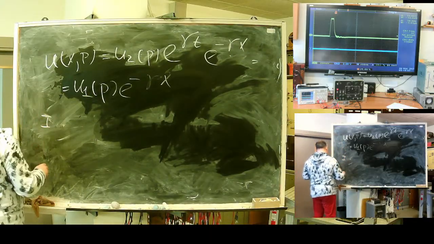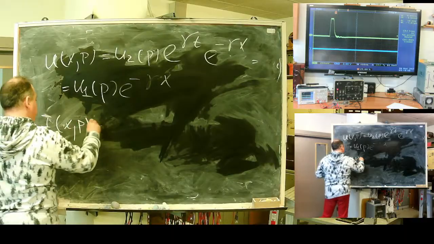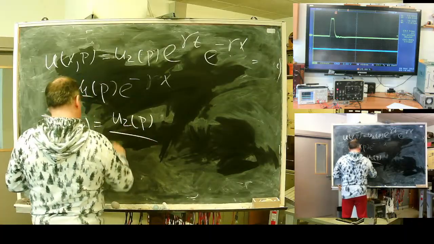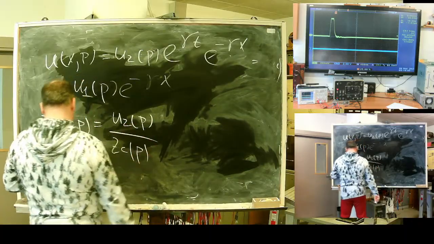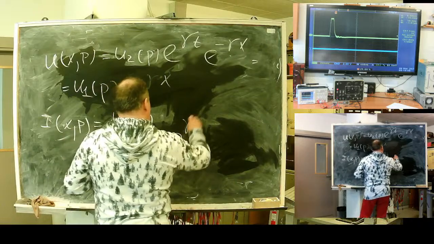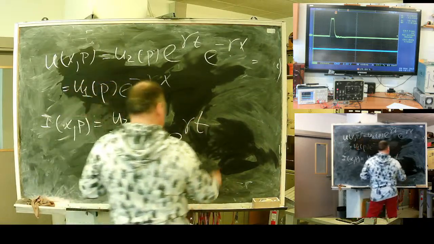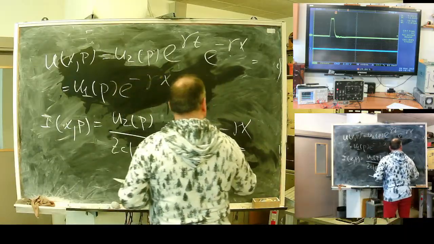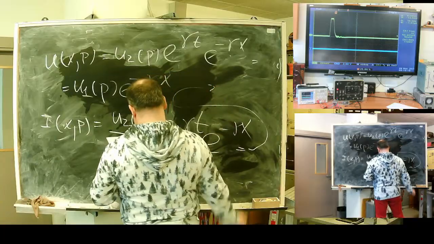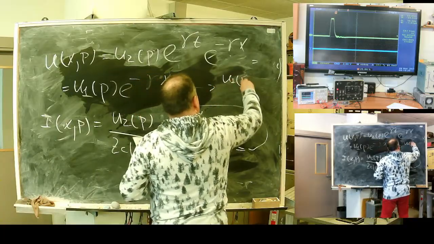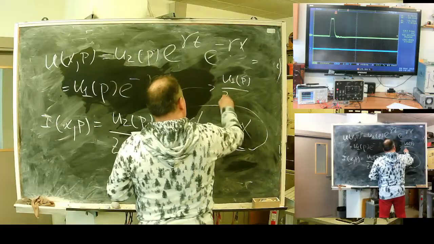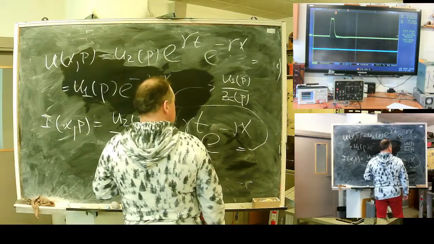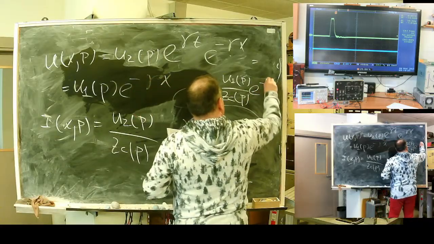Current will be the image of the sending voltage divided by wave resistance, times e to the power minus gamma x.